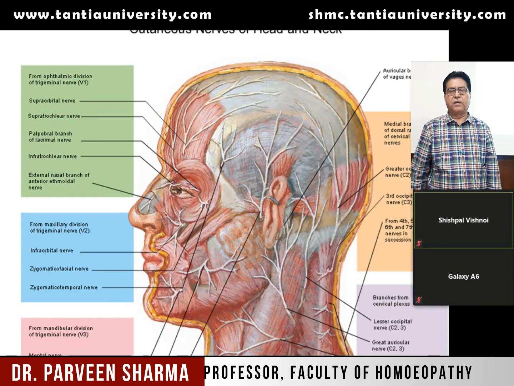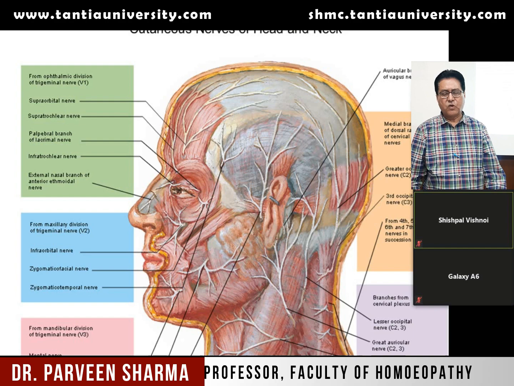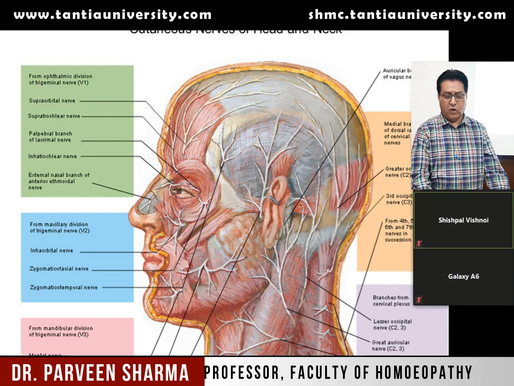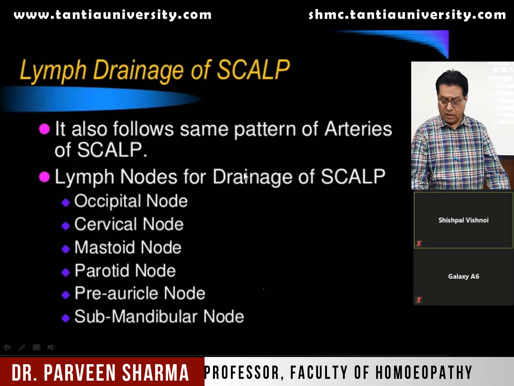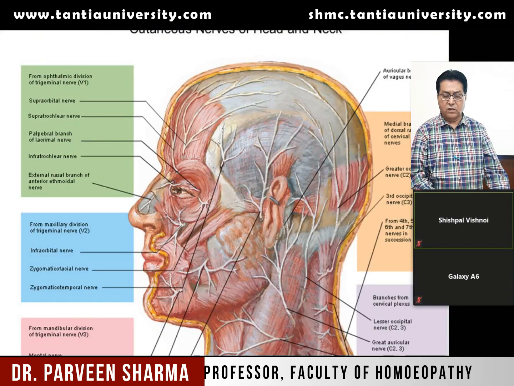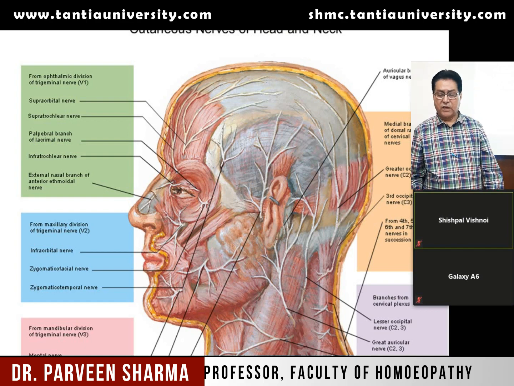Now the nerve supply. I told you in the diagram which you can draw in the examination, but to understand, if you see the nerve supply here also, you can make out the supratrochlear. This one is the supratrochlear, and this is the supraorbital. Then you have the auriculotemporal and the zygomaticotemporal. So in front of the ear and behind the ear, you can make out the branches which supply the scalp.